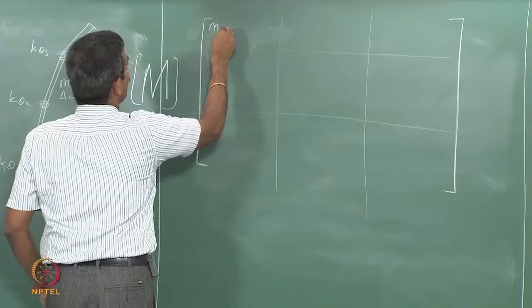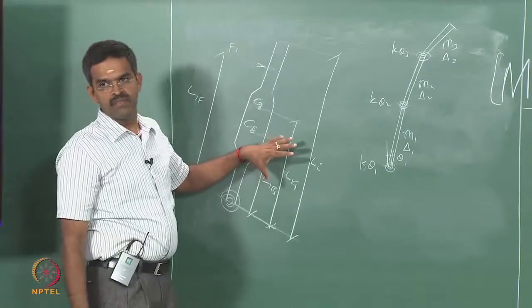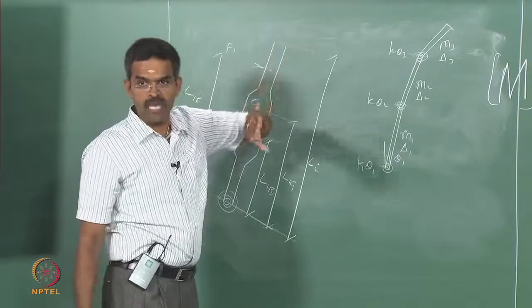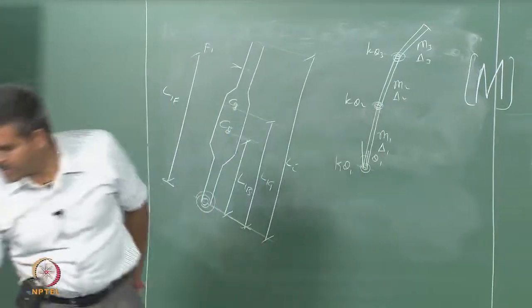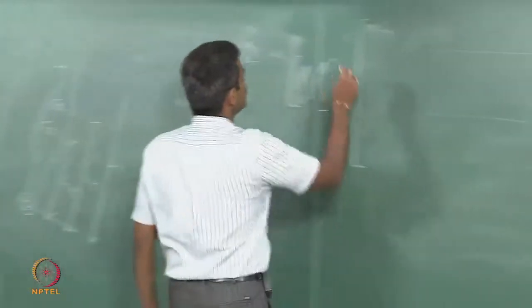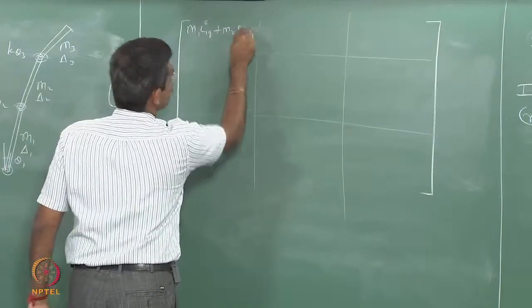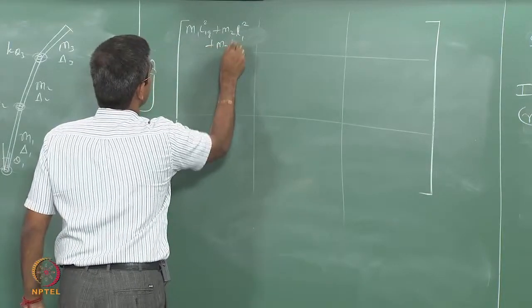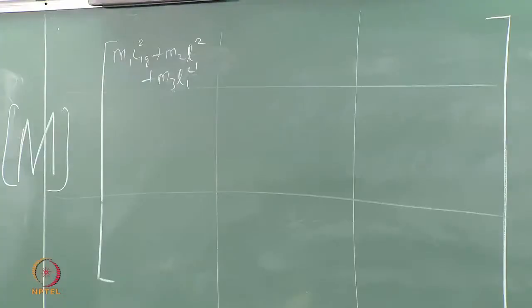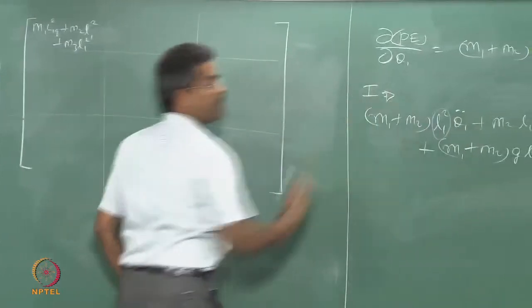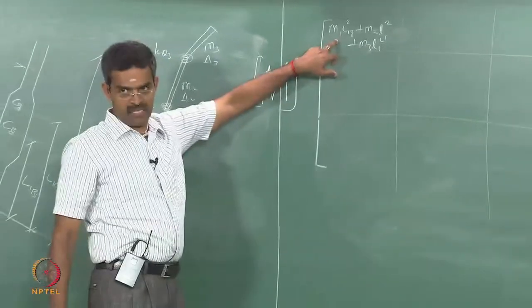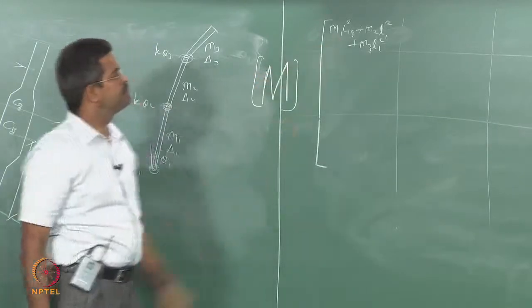It will be M1 L1G square. For M1 it is L1G actually, okay. For M2 and M3 it is only simply L1, right. So it is going to be M2 L1 square and M3 L1 square, okay. Because we borrow the same term from here, sum up all the mass, that is what I will get here, right.